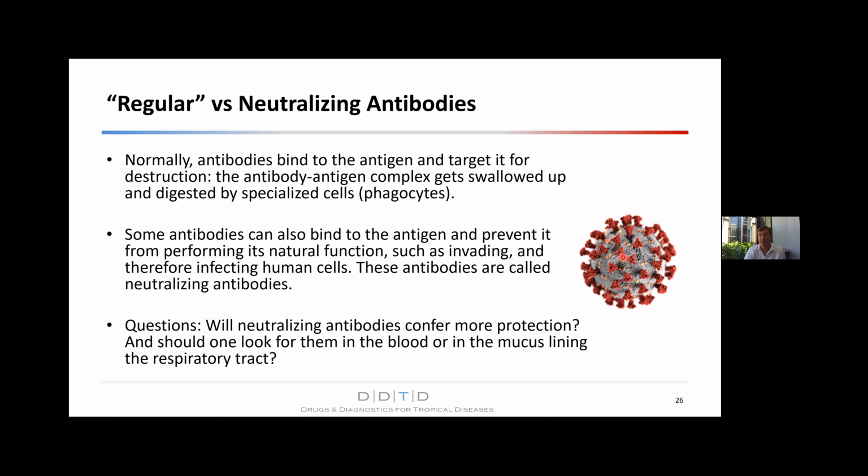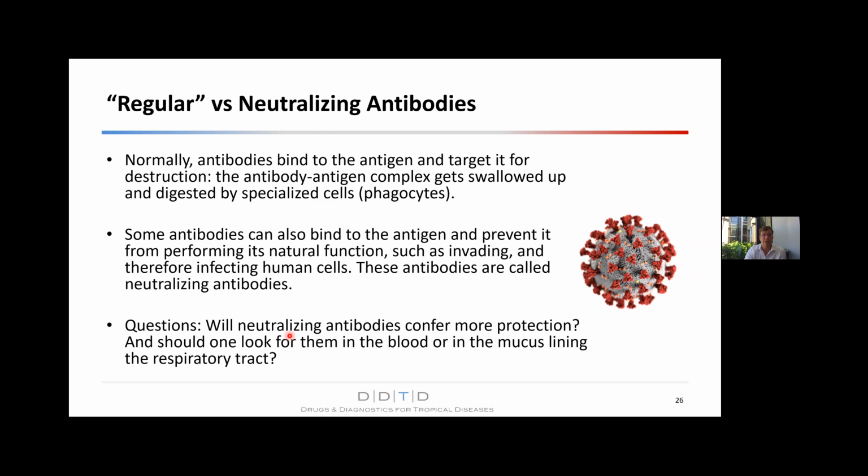For instance, we said earlier on that the virus attaches to human cells and invades them by means of this spike protein. And in fact, it does so via a very small domain on this spike protein called RBD, receptor binding domain. And it's likely that antibodies to this receptor binding domain will prevent the virus from entering the cell and infecting the human in the first place.